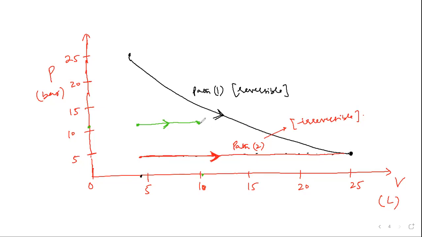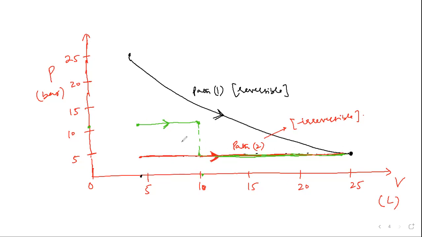Then when I reach 10.2 volume, I expand along this path. Then my path coincides with this. Remember, there should be some redness in it, otherwise it will confuse, right?